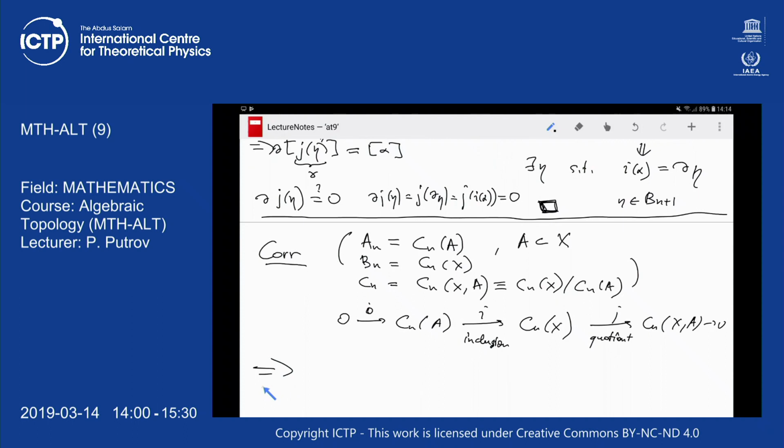And from the theorem above, we arrive at the fact that you have a long exact sequence of homologies associated with these complexes, of the following form.